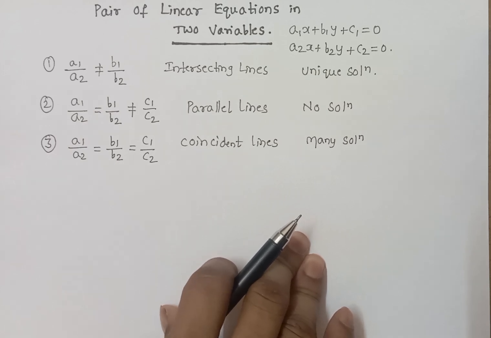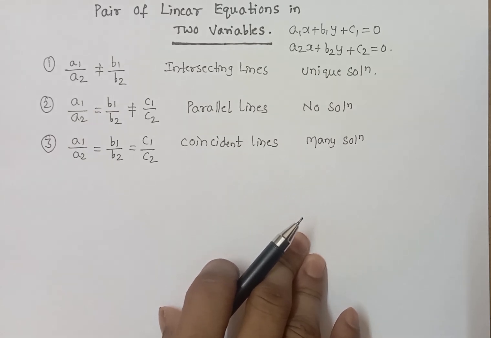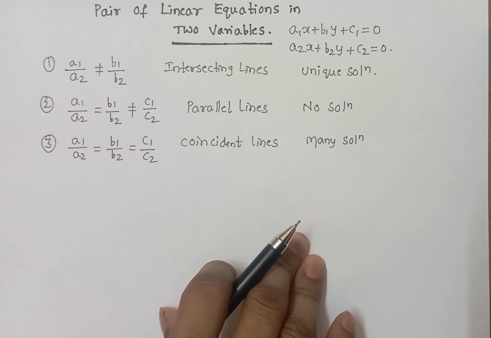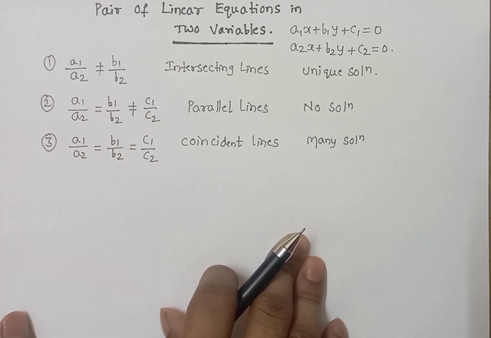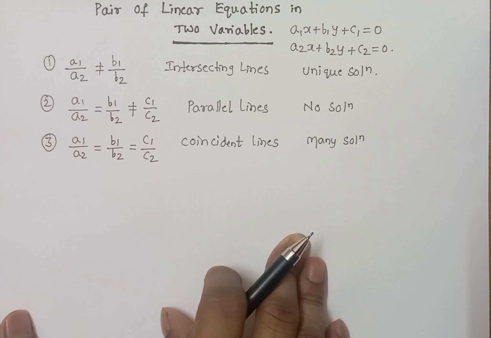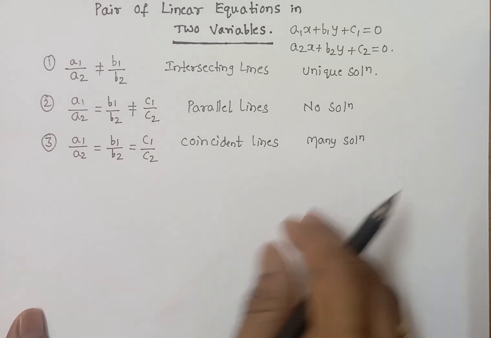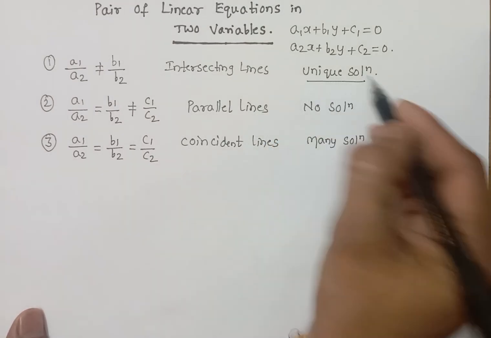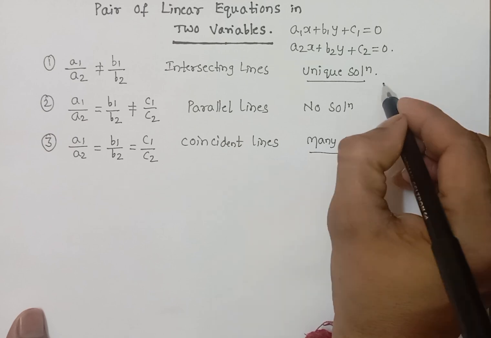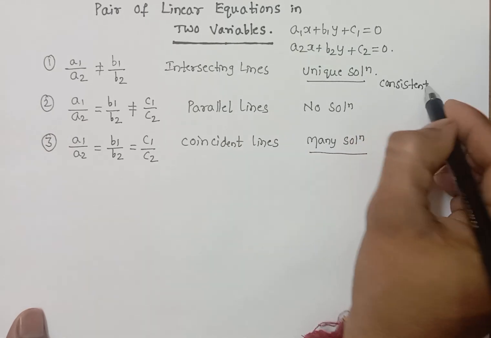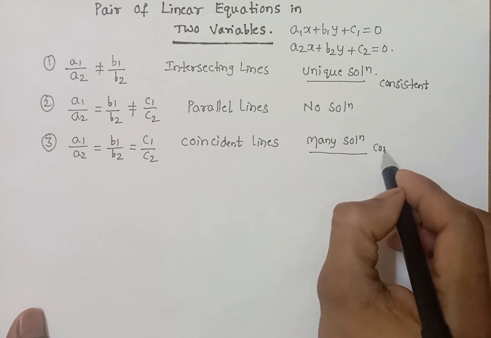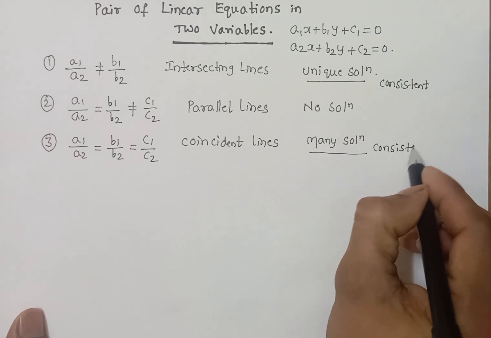Let me go through one example also, on how to decide this by taking numerical values. The question may ask whether the given pair of linear equations is consistent or not. In the case of a unique solution and many solutions, it is consistent. Consistent means it should have a solution, that may be one solution or many solutions.